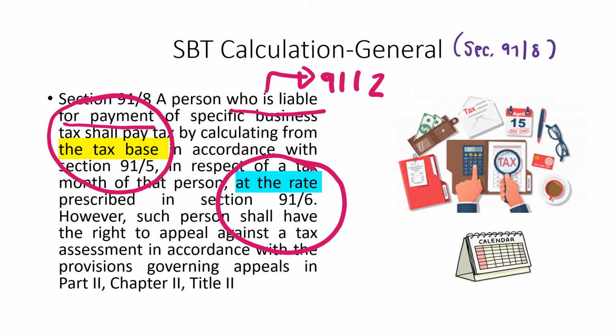And then after you know your tax base, you need to pick the right tax rate. We have 3 different rates, but you need to know which rate applies to your business activity, which you can look at in section 91/6, and then calculate the specific business tax that you have to pay to the Revenue Department. This is your duty regarding specific business tax calculation.